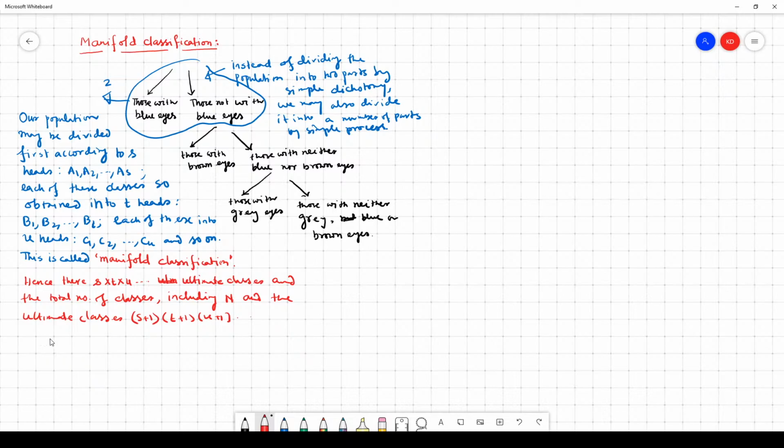As before, the data are consistent if and only if every ultimate class frequency is not negative.